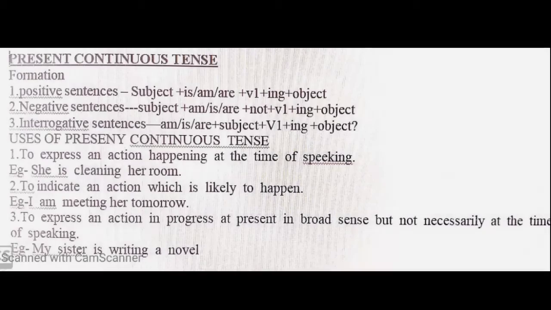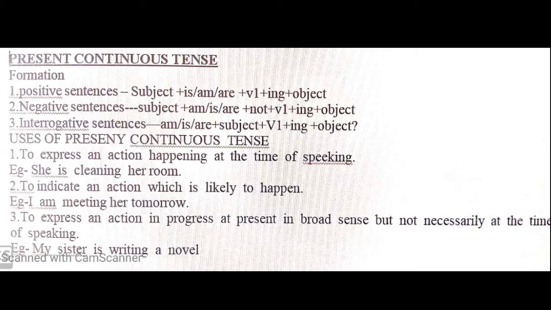Then next we come to present continuous tense. In present continuous tense, in the case of positive sentences, we write the sentence: subject plus am, is, are plus V1 plus ing plus object.